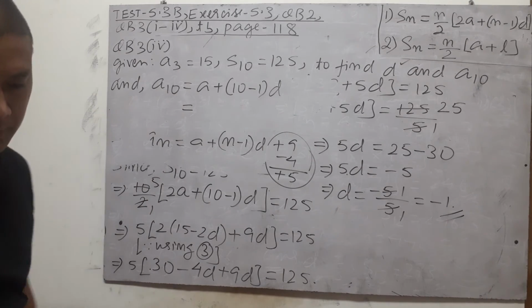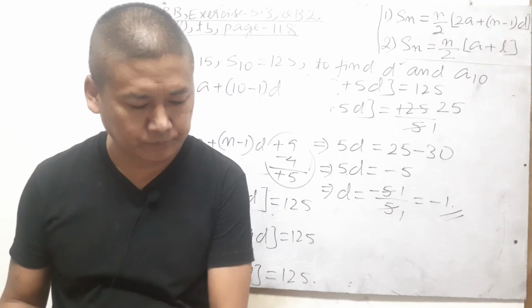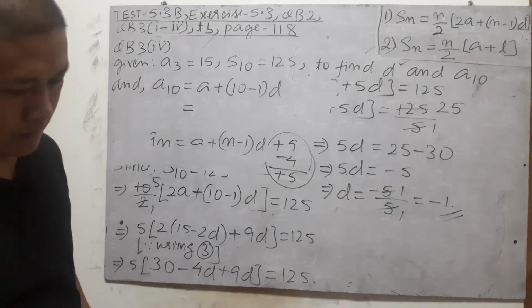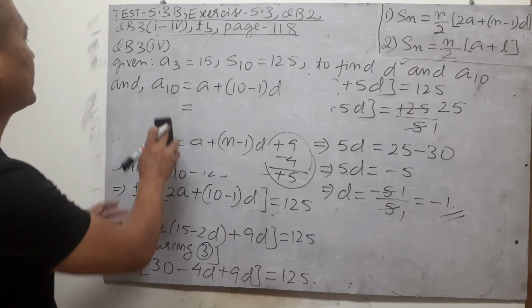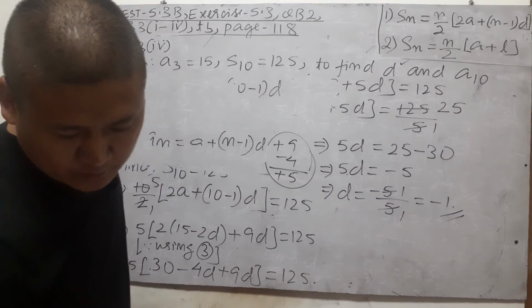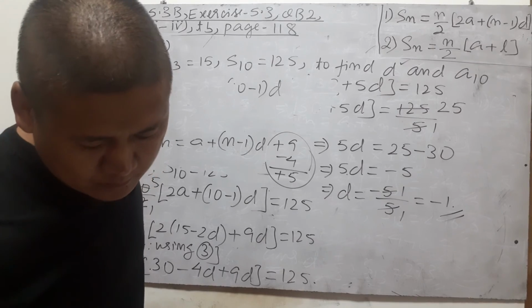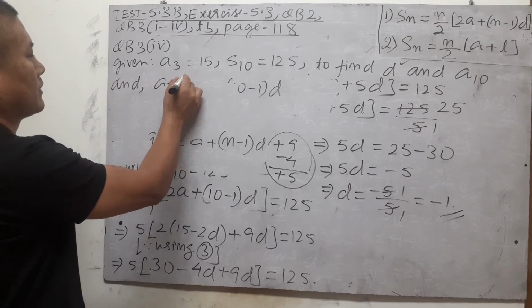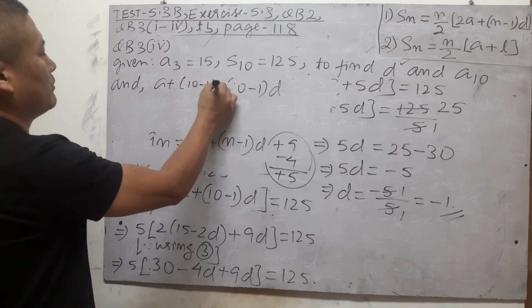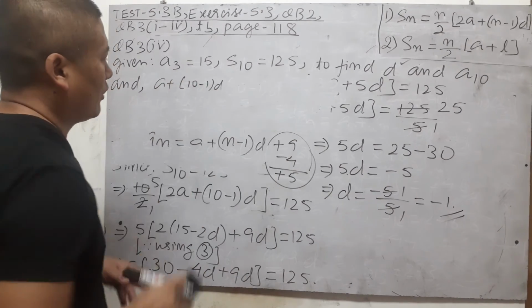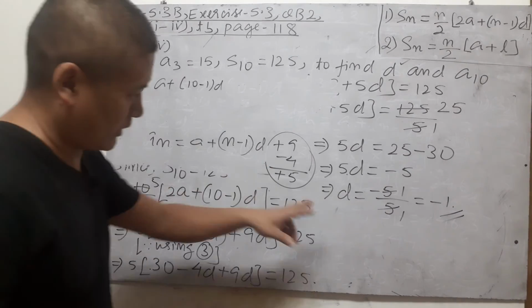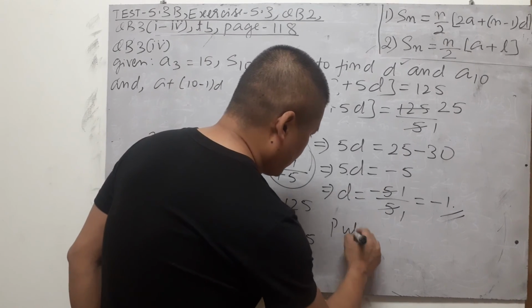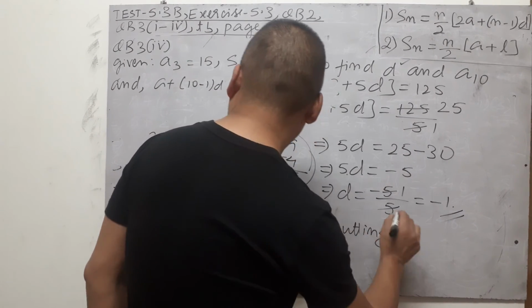Wait, okay, before we find the 8/10, we have to find a, because you see here, a plus 10 minus 1 into d means we don't know our d yet, so you just write here, continue. Putting this value to find out a, we need to find a.